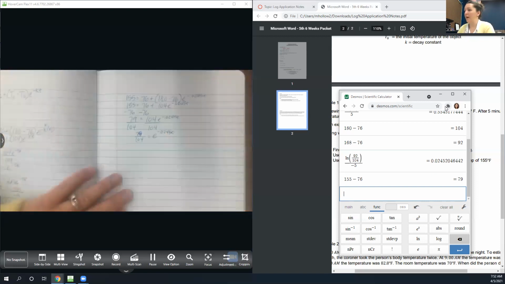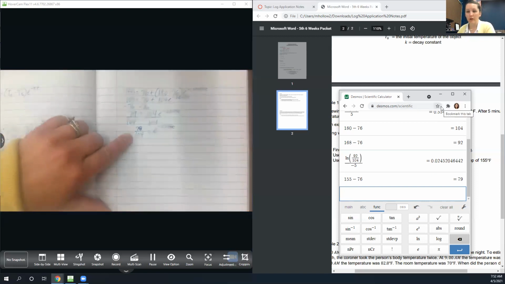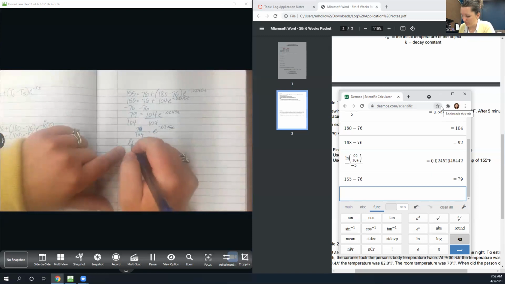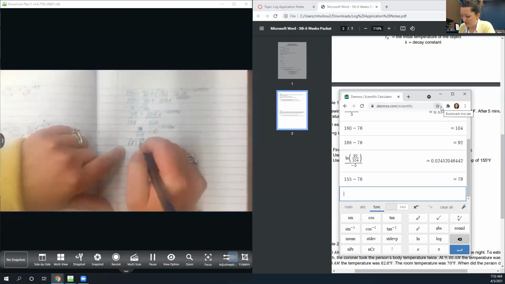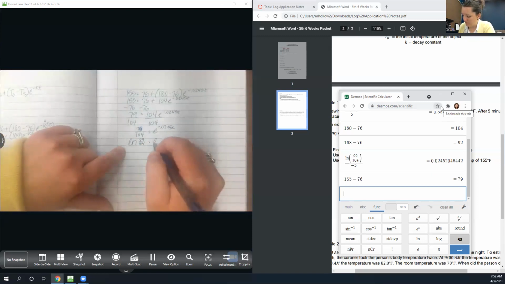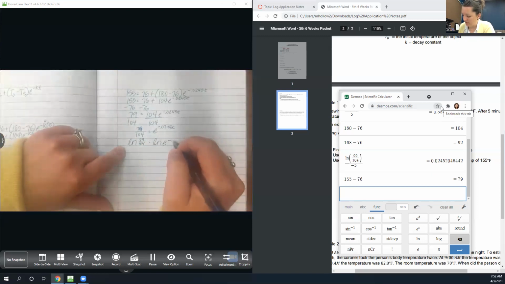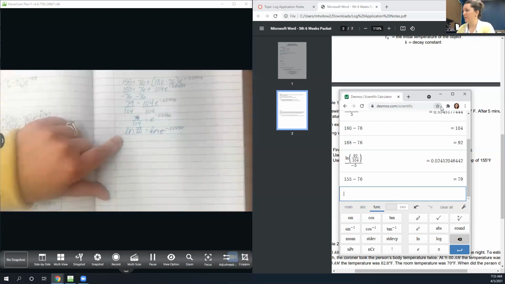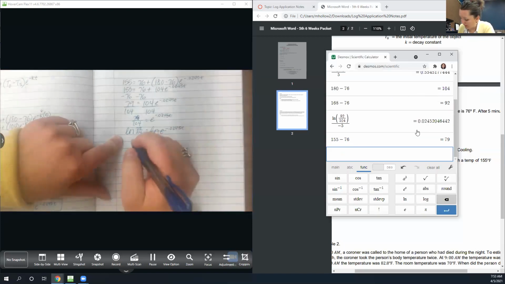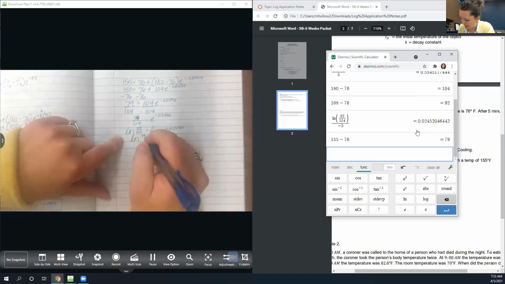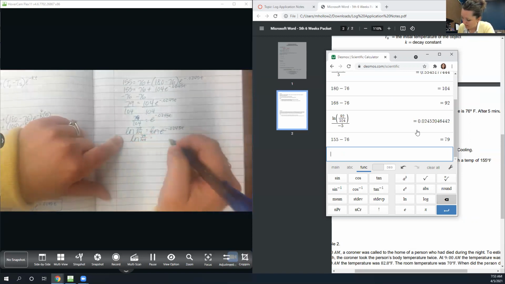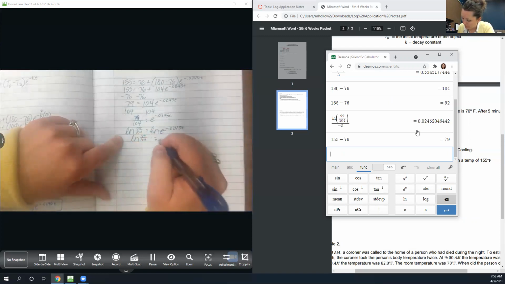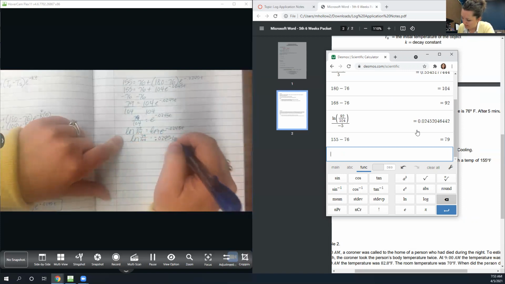0.0245t. And now comes our natural log piece. So we're going to take the natural log of both sides, 79 over 104 equals natural log of e to the negative 0.0245t. Those cancel, right? That's our algebra skills. So we have the natural log of 79 divided by 104 equals negative 0.0245t.